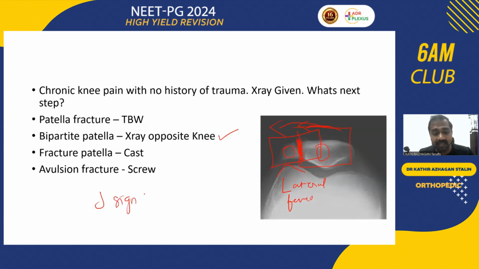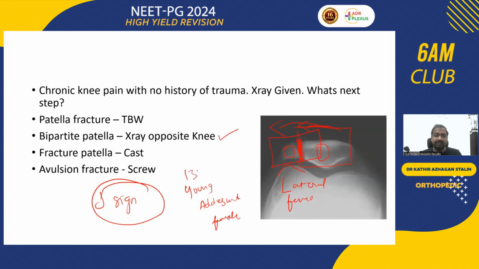If they are going by that order, then there would be a question on this, and then patellar instability and J sign. This is very common among young adolescent females.